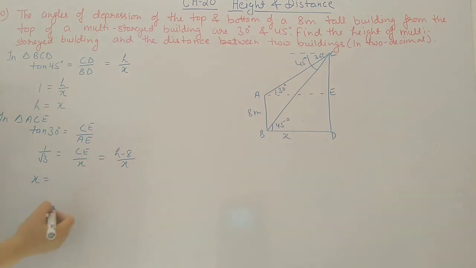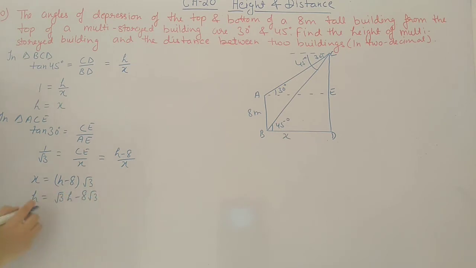So X is equal to H minus 8 into root 3. In place of X we can write H. H is equal to root 3 H minus 8 root 3.